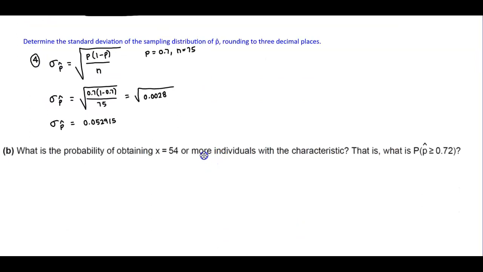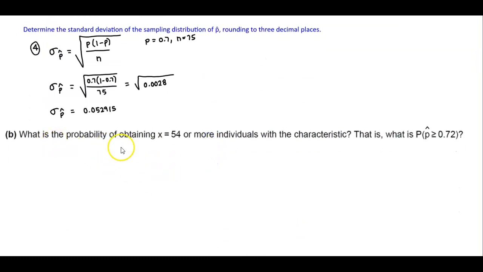Now we want to know what is the probability of obtaining X equals 54 or more individuals with the characteristic. That is, what is the probability that the sample proportion is greater than or equal to 0.72? What we're given is that we want to find the probability of the sample proportion being greater than or equal to 0.72.